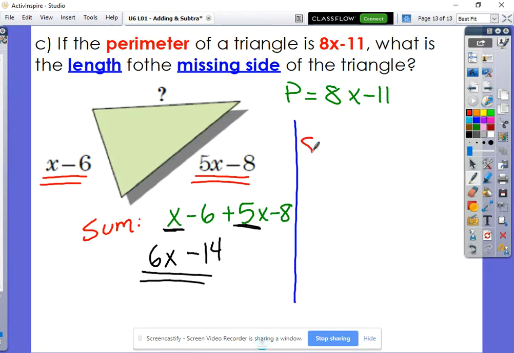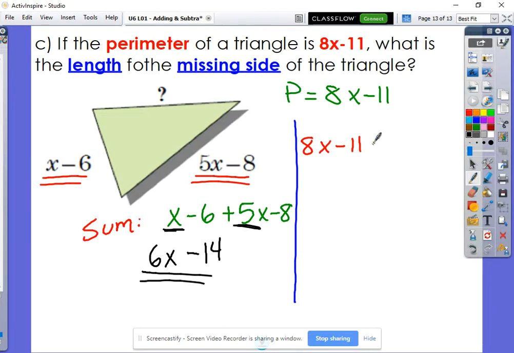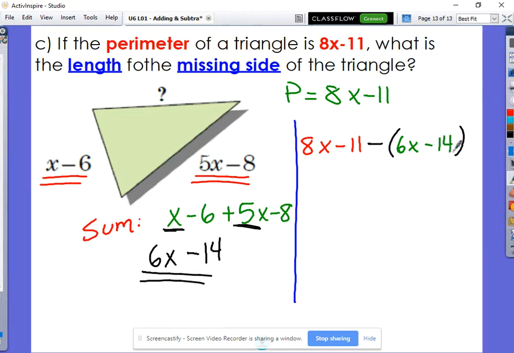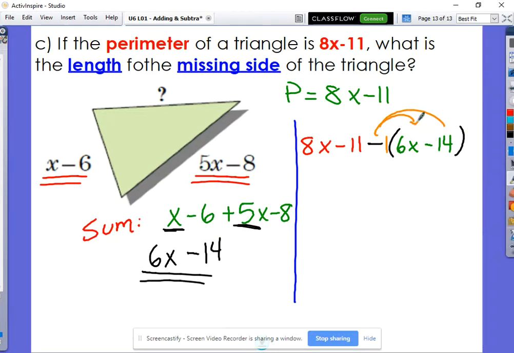So we always write the perimeter down first, 8x minus 11, and then subtract, in parentheses, mind you, it's got to be in parentheses, the 11x minus 14. It is so important that you put these parentheses. If you do not, your entire answer will be wrong. Now we can distribute that negative 1 to both terms here.